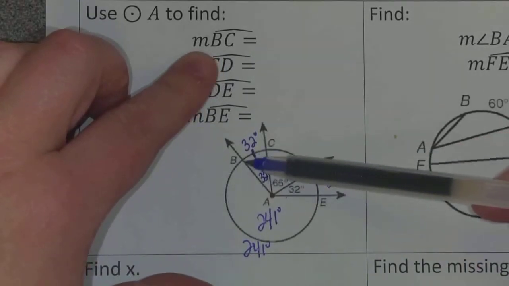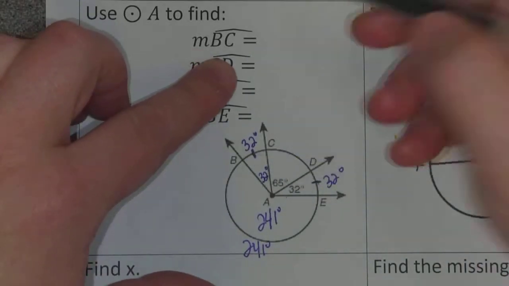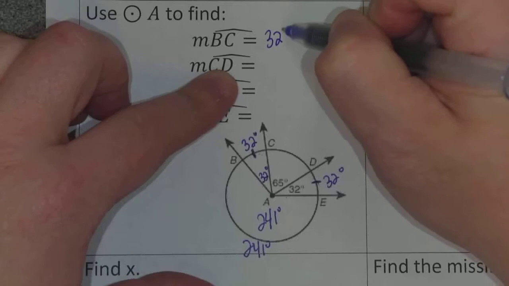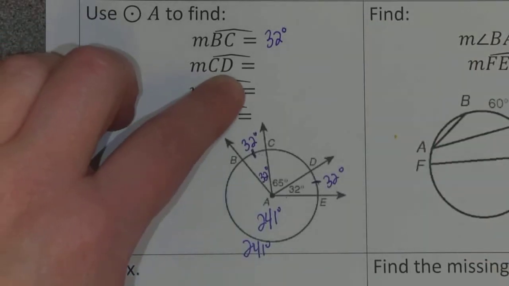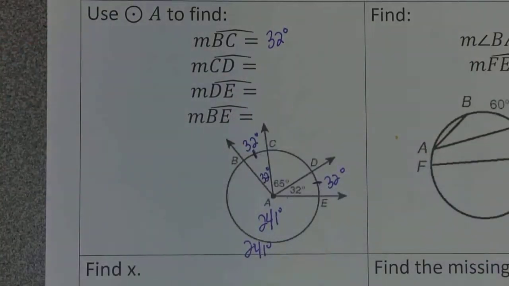What does BC measure? 32. What does CD measure? Good, it's 65.